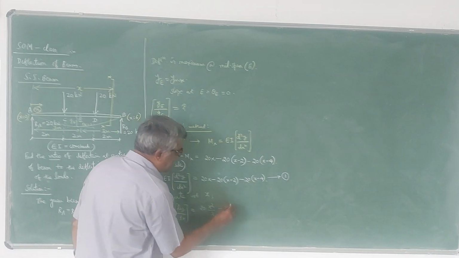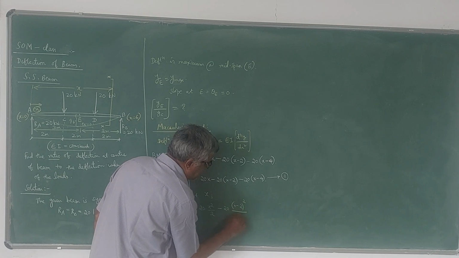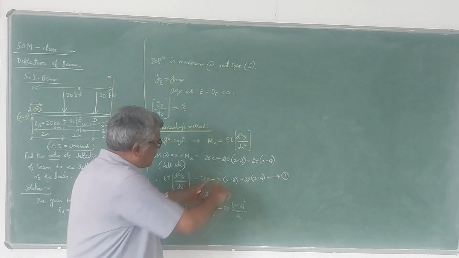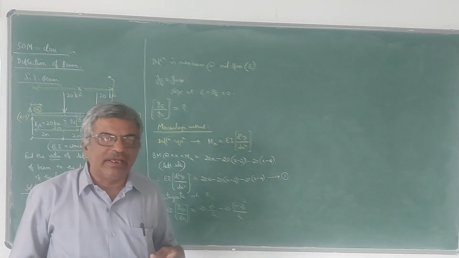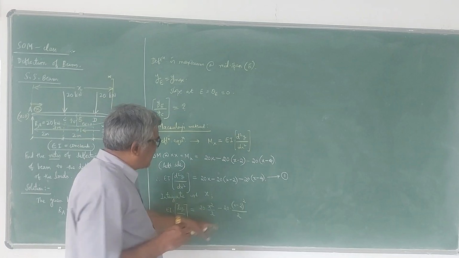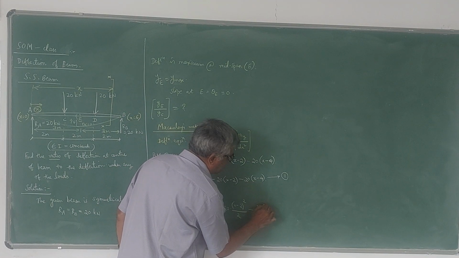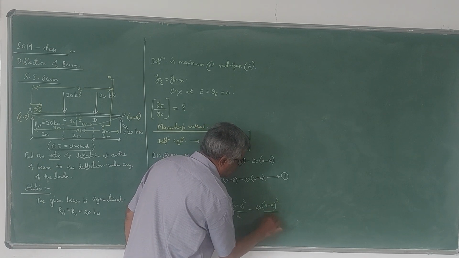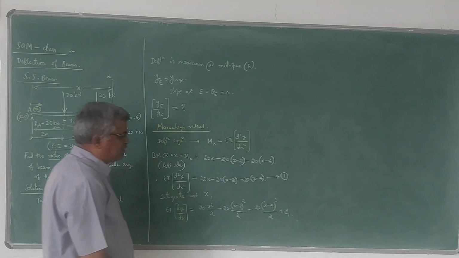That means here it is 20 into x minus 2 whole square divided by 2. So you should not take the terms separately and integrate. We have to treat this as a whole, as x, and integration of x is x square by 2. Like that we have to integrate. Minus similarly here 20 into x minus 4 is taken as x and integration will be x minus 4 whole square by 2, and C1, constant of integration, will be added.